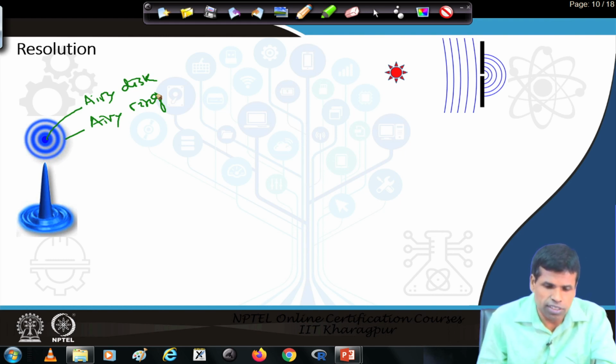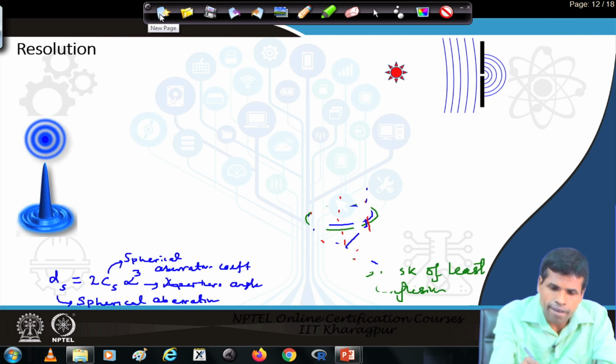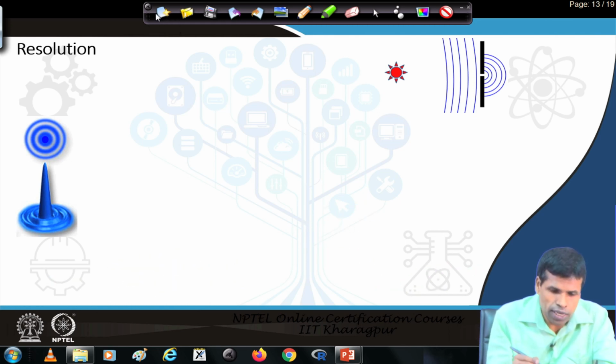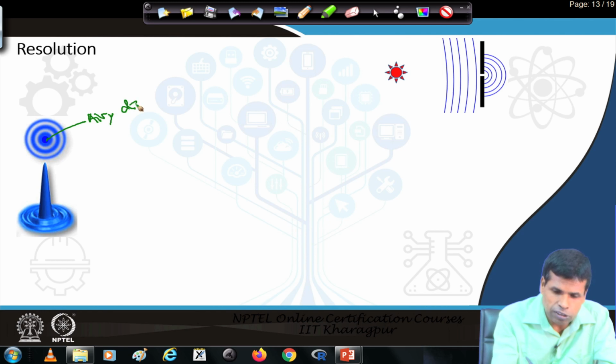So, this is due to diffraction. The diameter of this disc is inversely proportional to the aperture diameter.